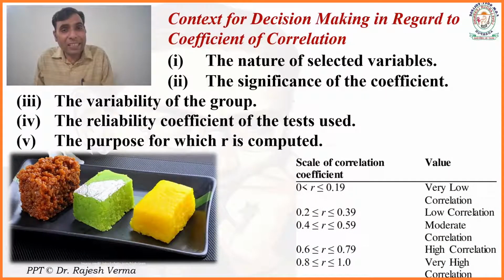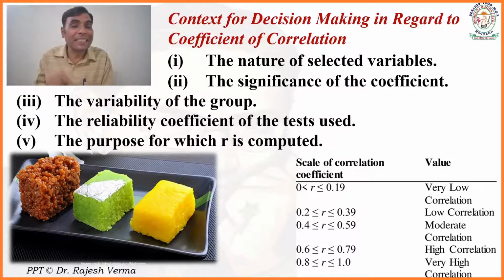Now, what is the context for decision making in regard to the coefficient of correlation? When we base decisions on the coefficient of correlation which we have calculated from the data set using the formulas, that coefficient has to be interpreted in the context of these 5 situations.